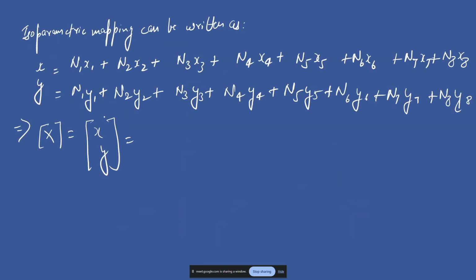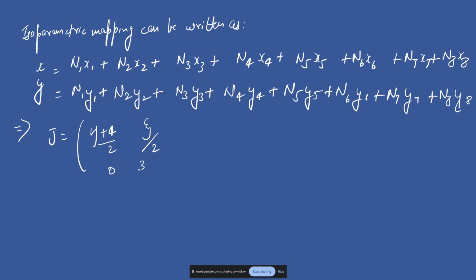Okay, I don't have the xy with me, but I have the final Jacobian matrix available with me, which is given by 3 by 2, 0, 3 by 2.